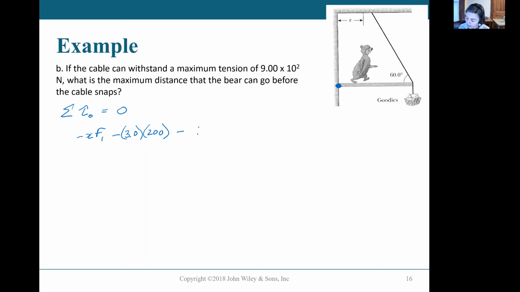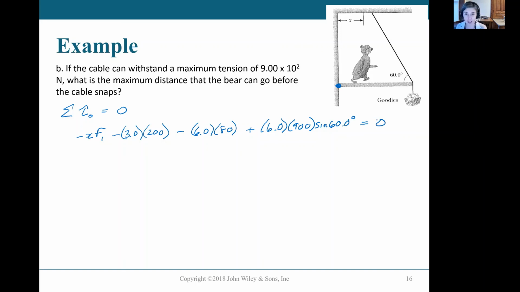And then minus 6 times the weight of the goodies basket, which was 80. And then plus 6 times F4, which is 900, times sine 60. And this is going to be equal to 0.